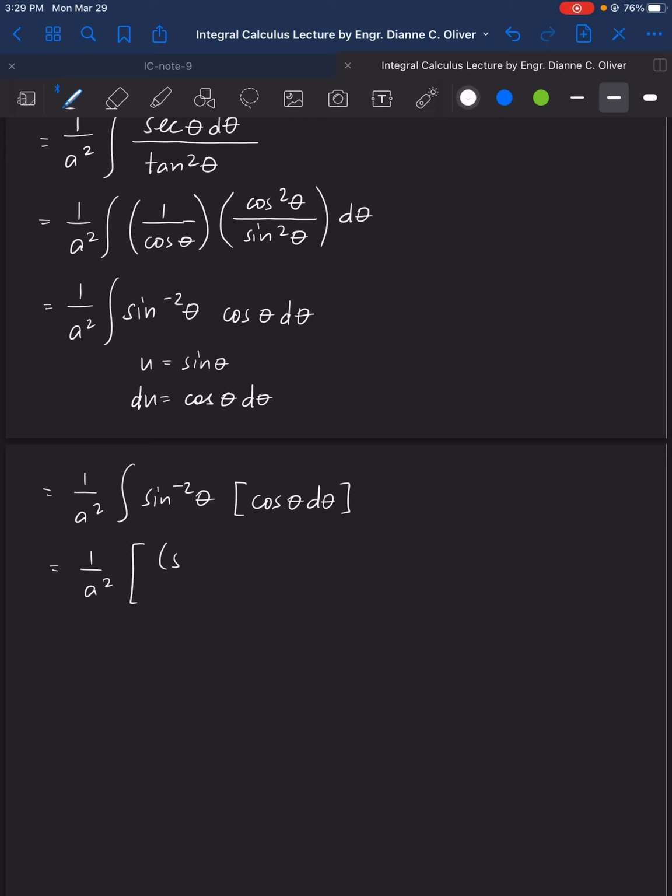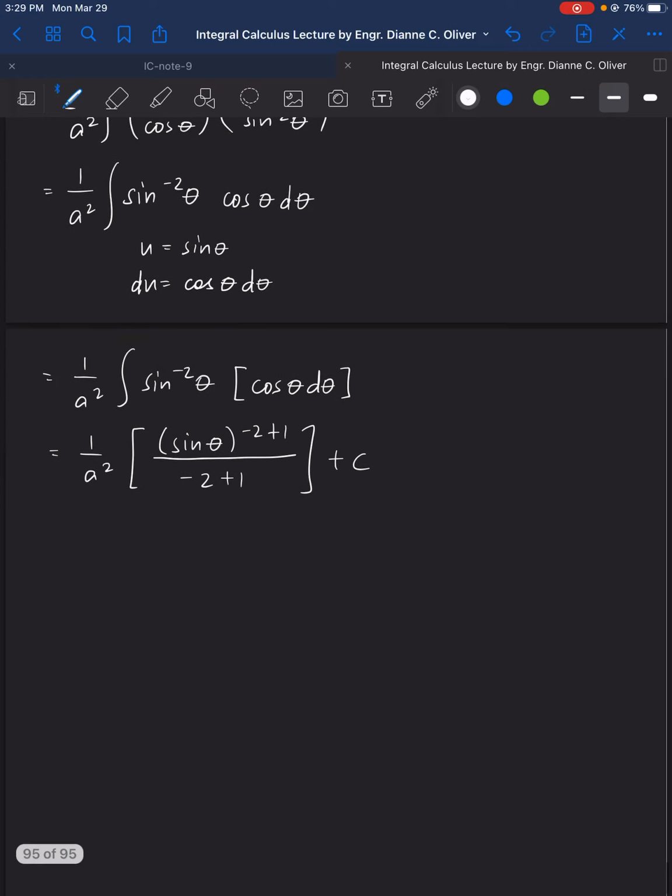So sine theta raised to negative 2 plus 1, plus c. Then this is now equal to sine theta raised to the power of negative 1. So we have here negative 1 over a squared sine theta plus c.